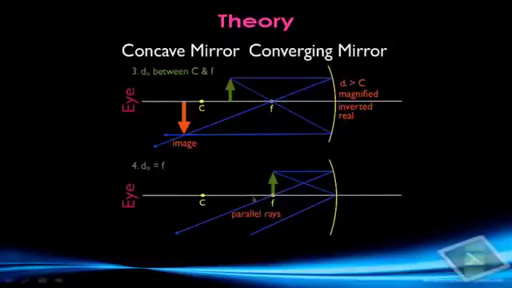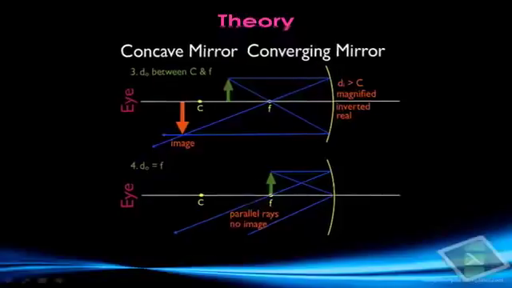In order to get an image, as in the previous three examples, the light rays must converge. They must cross. Parallel rays don't cross. Therefore, when the object is at the focal point, when DO equals F, there is no image ever at all, because those light rays are parallel light rays. Okay, so we drew that one a little differently, but it's the same general idea.